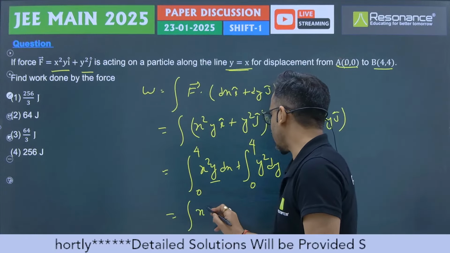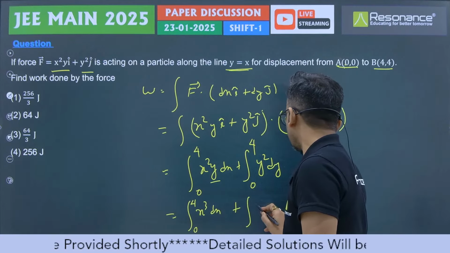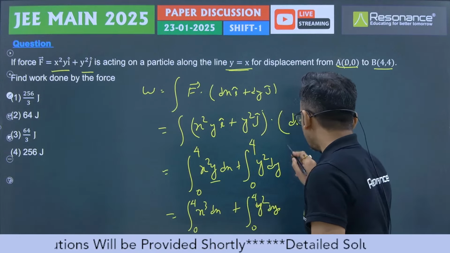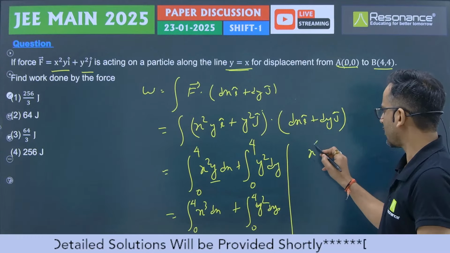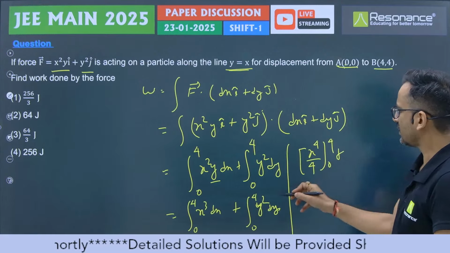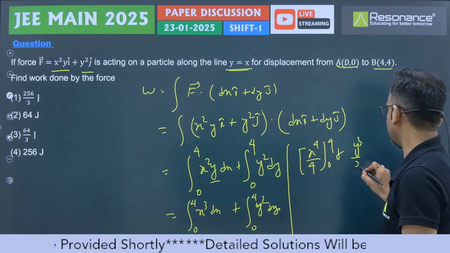So here it will become x cube dx from 0 to 4 plus y square dy from 0 to 4. After integrating, we are getting x to the power 4 upon 4 plus y cube upon 3.